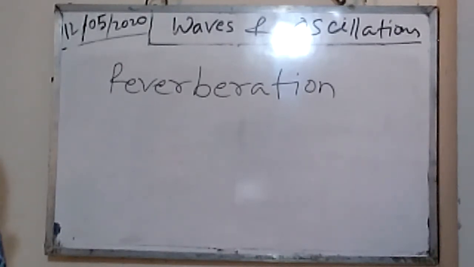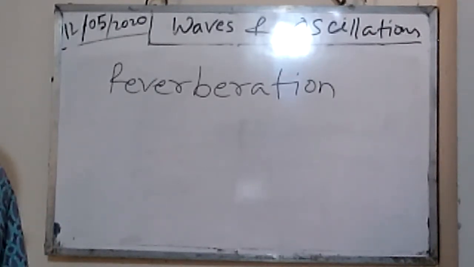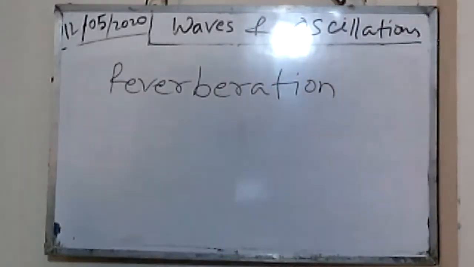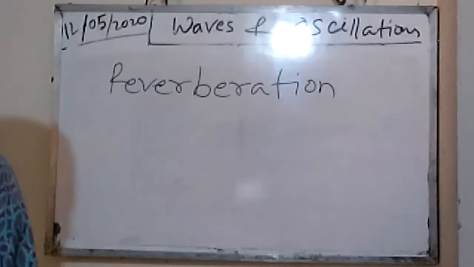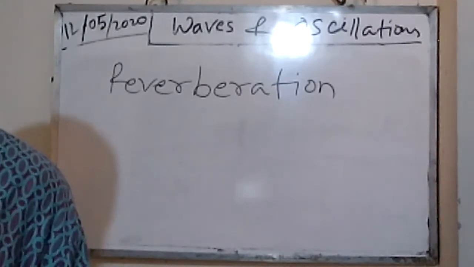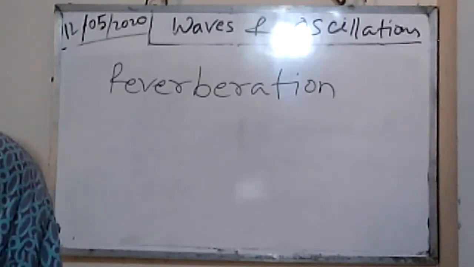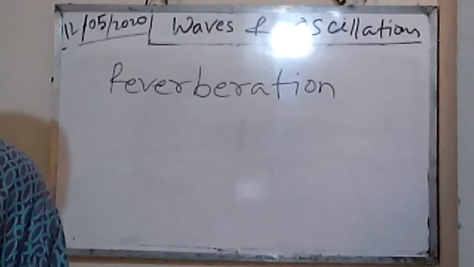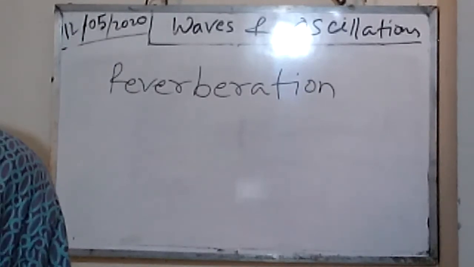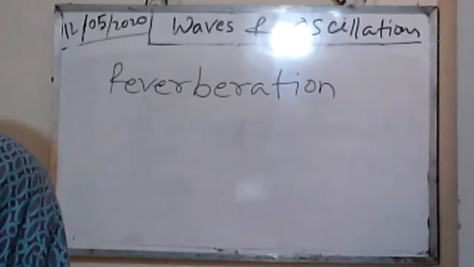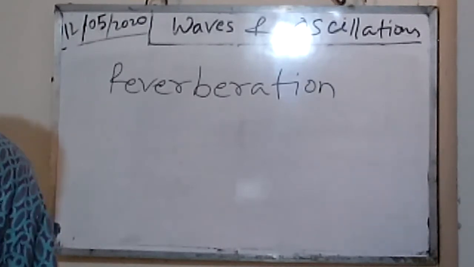The persistence of audible sound after the source has ceased to operate is referred to as reverberation. When the source of sound is stopped, the audible sound that continues to be heard because of reflection of the sound, repeatedly heard, this we call reverberation.